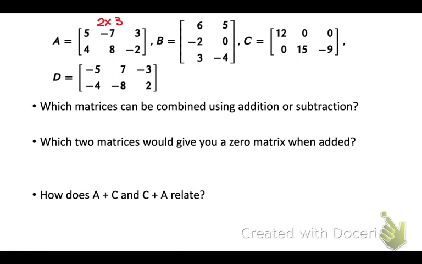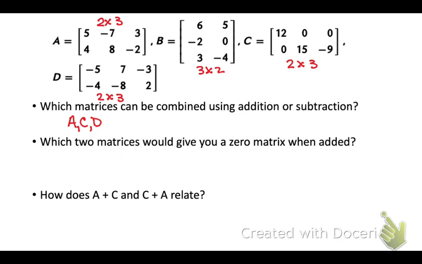What's B? 3 by 2. What's C? 2 by 3. So we can add or subtract A, C, and D. Why can't B? It has an extra row and one less column. It has a 3 and a 2, but do I have the same number of rows and the same number of columns?